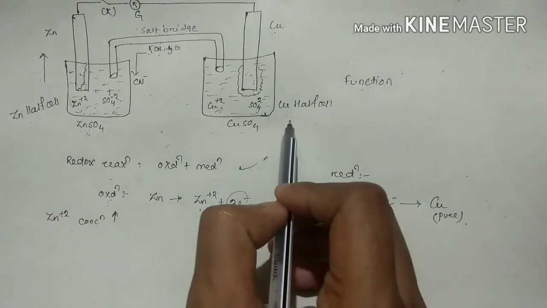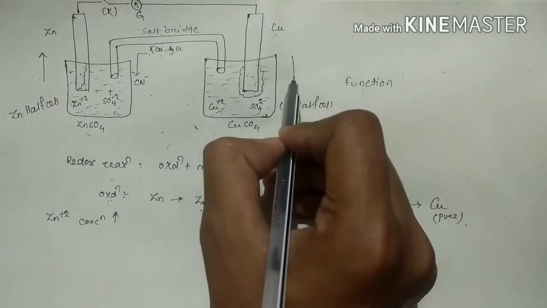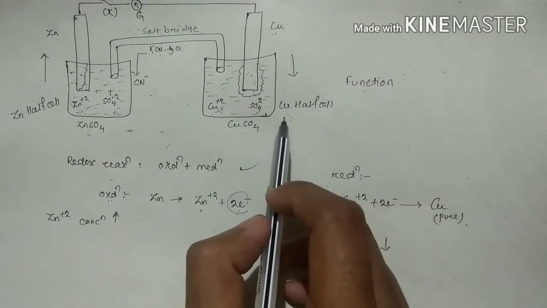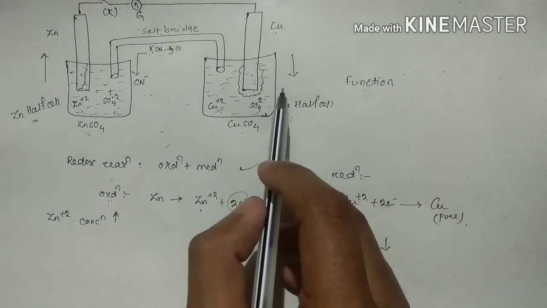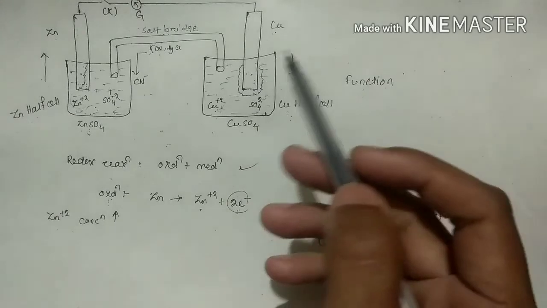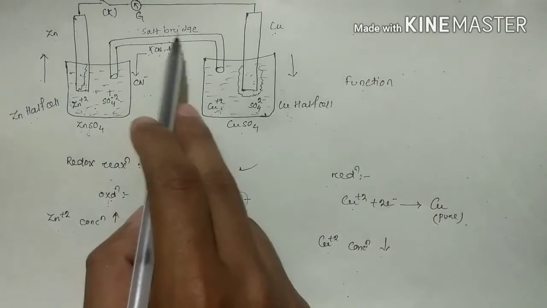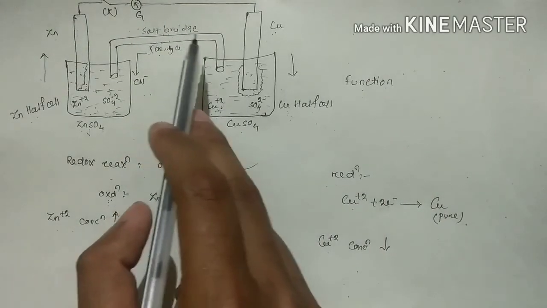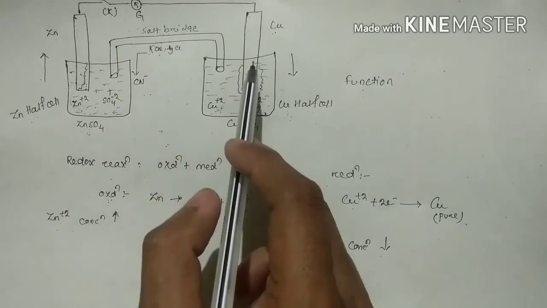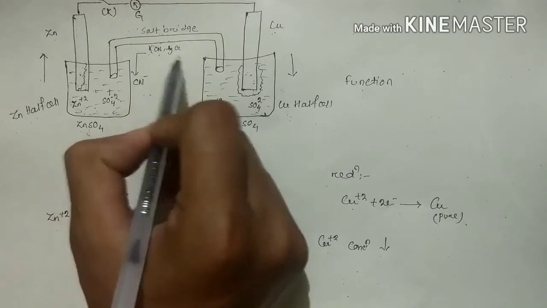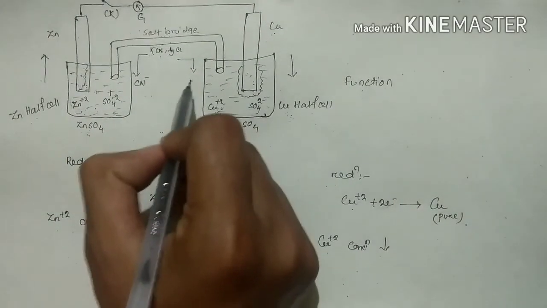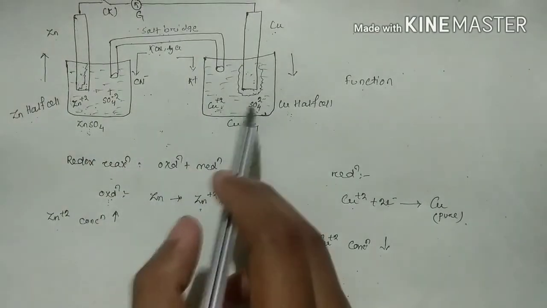And in the copper half cell, the electrons are coming, which means that reduction is taking place there. So the amount of electrons in the copper half cell will increase, but to maintain neutrality, the salt bridge has to send positive ions to neutralize the setup. So it sends potassium ions to the copper half cell to maintain neutrality.